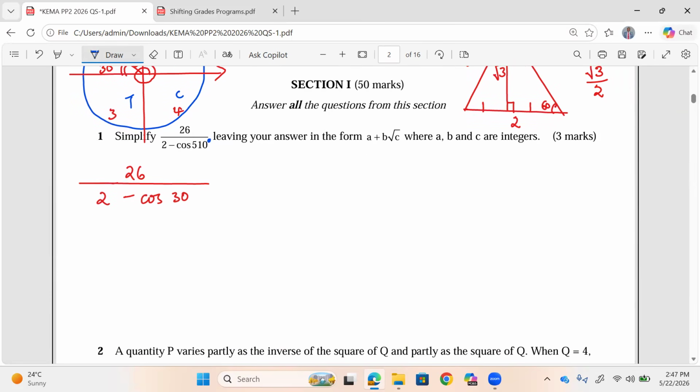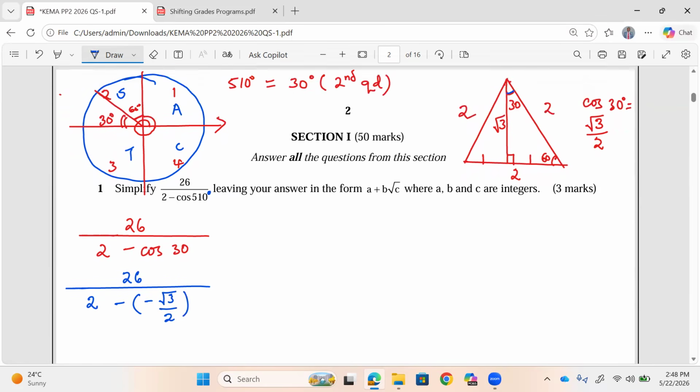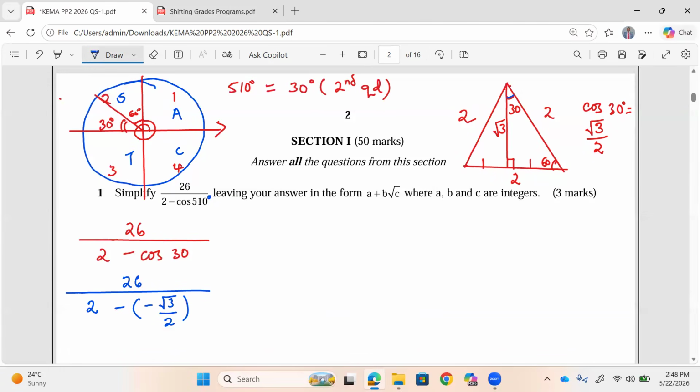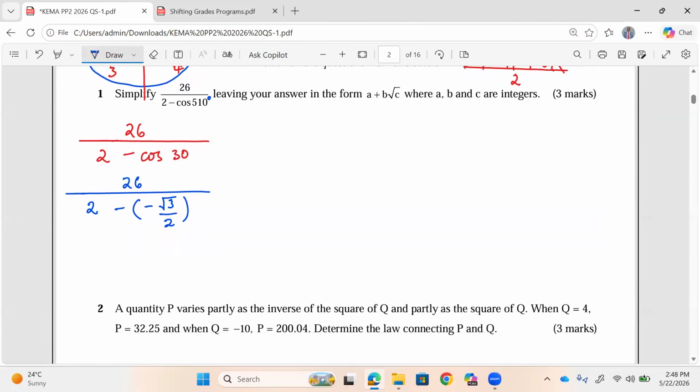And so substituting in this question now means 26 out of 2 minus negative root 3 over 2. It becomes negative because it is a 30 degrees angle which has been measured in the second quadrant.